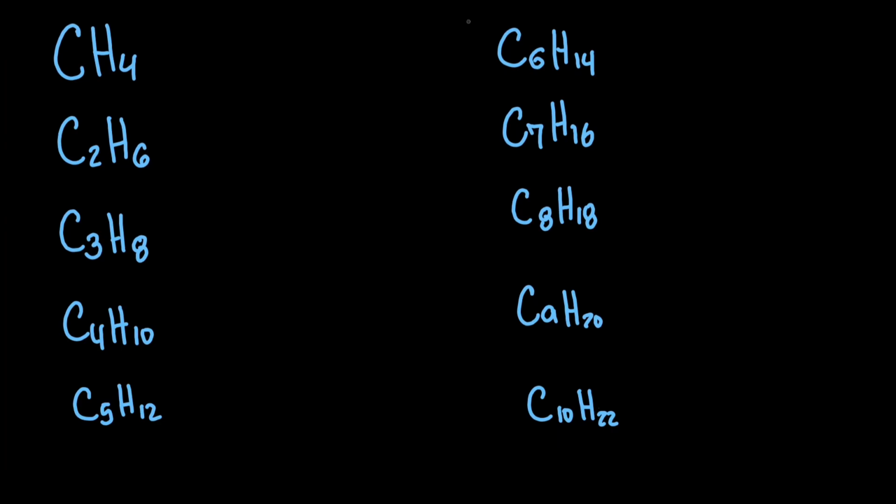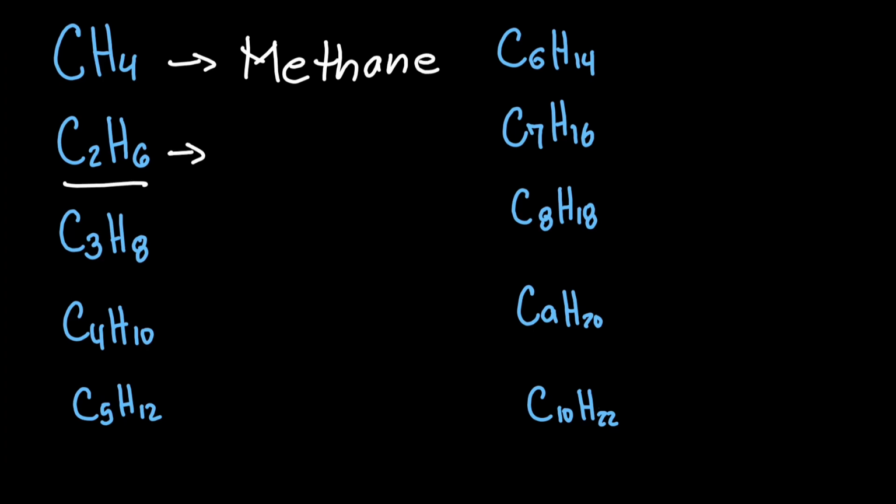Just a reminder for you, for 1 to 10 carbons of alkane: 1 carbon of alkane corresponds to methane, which is the simplest form of an alkane.